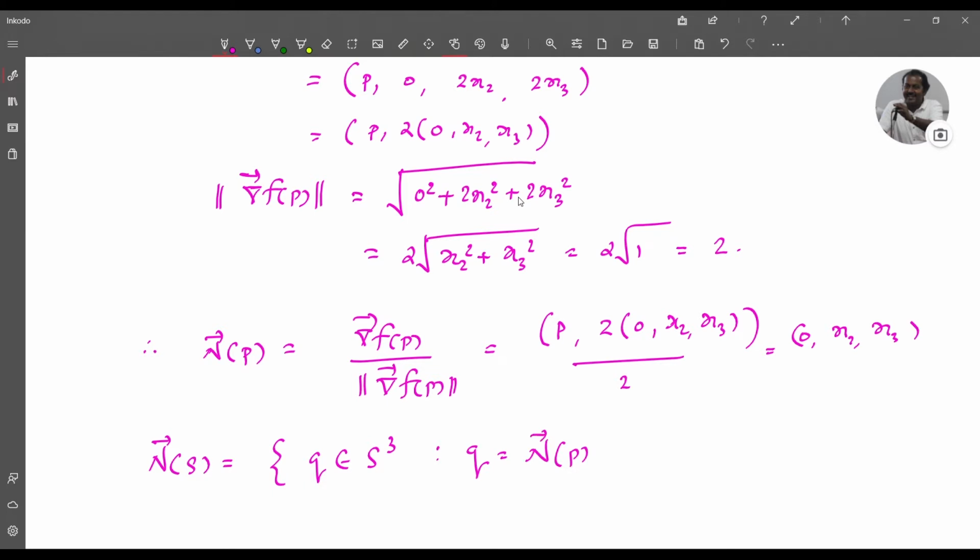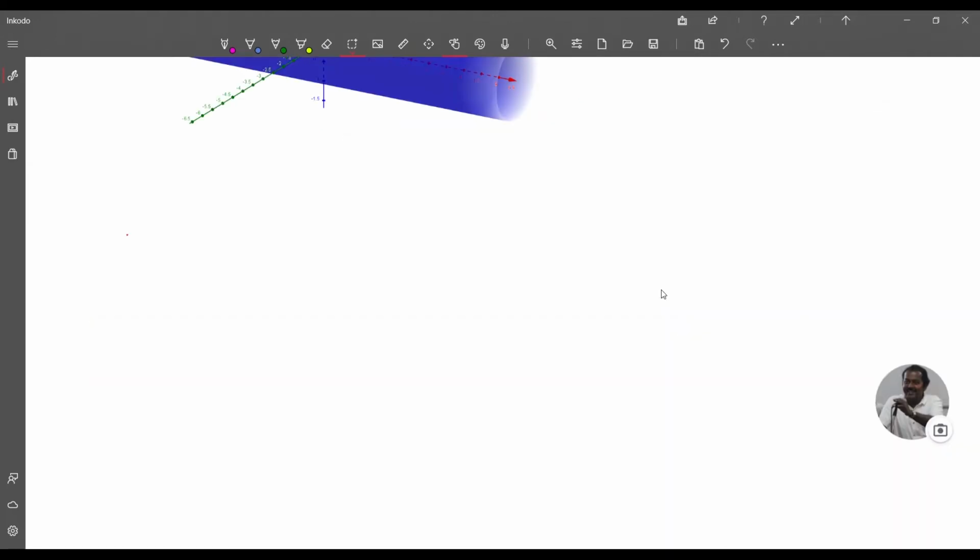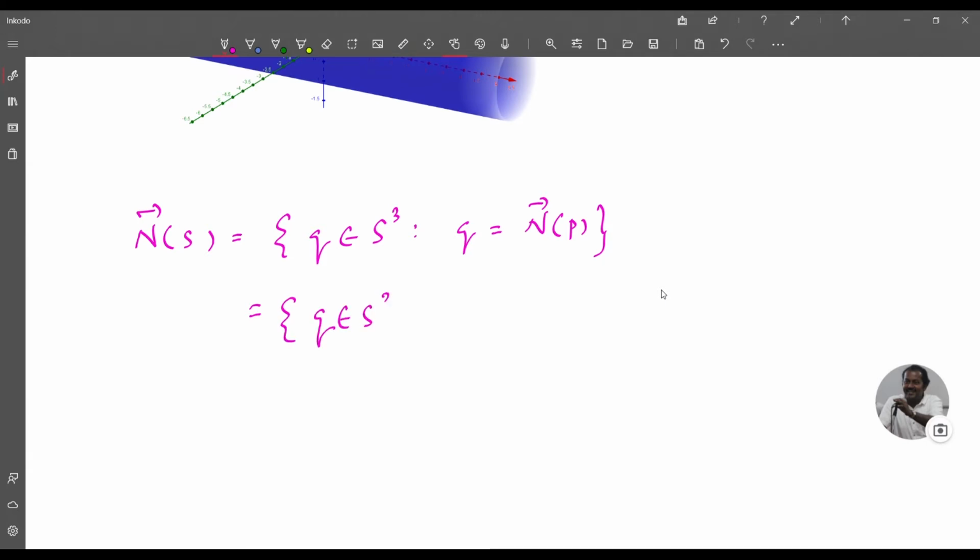So this is the set of all q in S3 such that q is equal to (0, x2, x3).